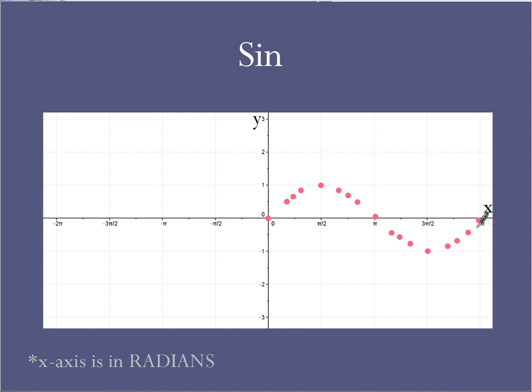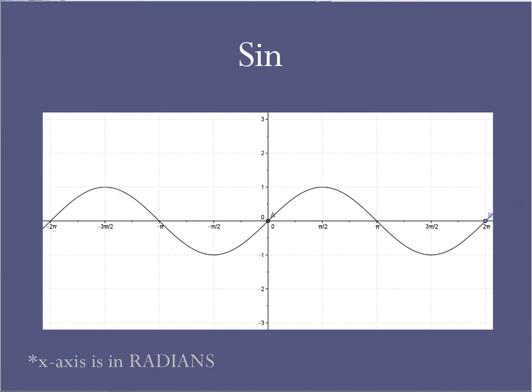This pattern is going to continue all the way around my unit circle. I can keep going and get bigger radian measures, but when all is said and done, when I get all of it graphed, it gives me what's called a sine wave. This is the graph of the sine function, and it's going to continue on forever in both directions.